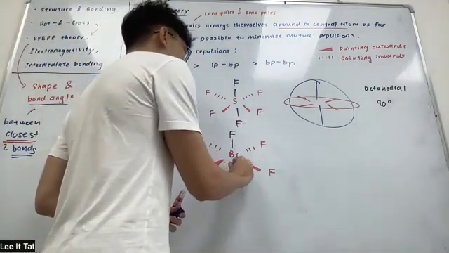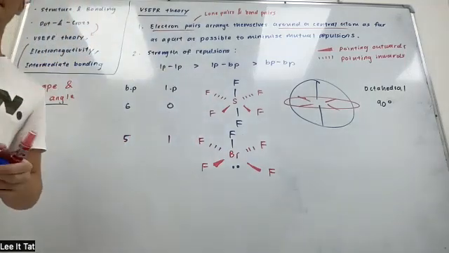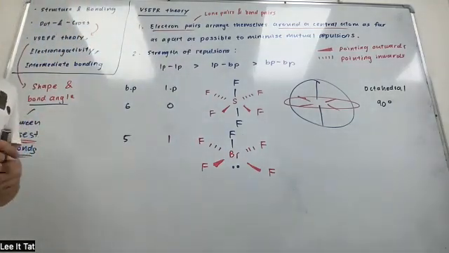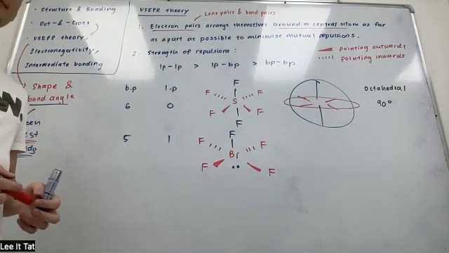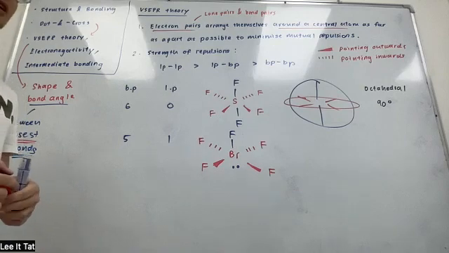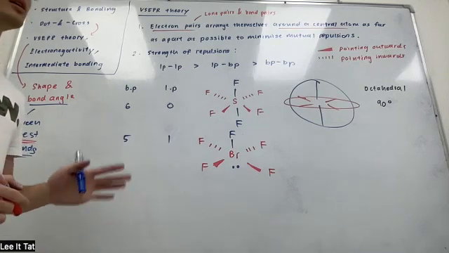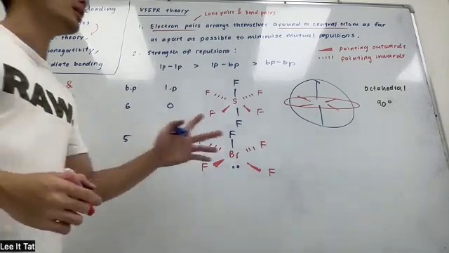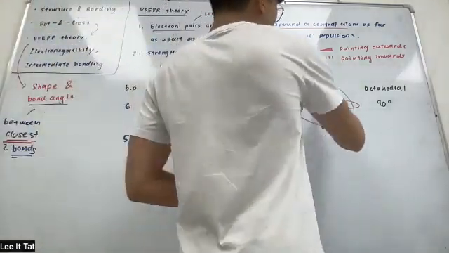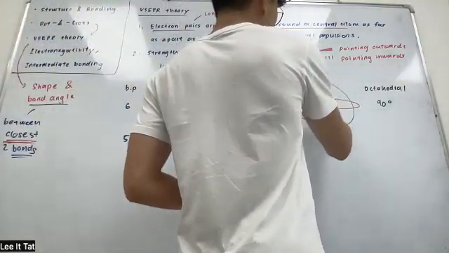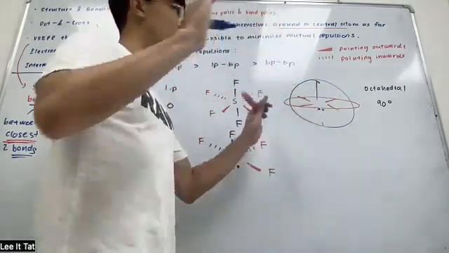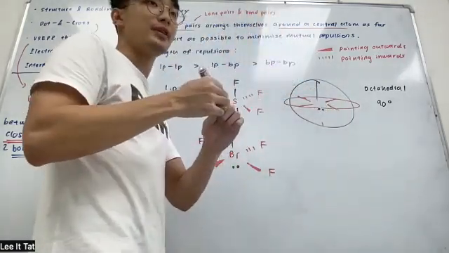The South Pole has been replaced with a lone pair. Guys, what's the bond angle? Okay, it's still 90. It's the furthest they can go from each other. Because even if you replace the South Pole with a lone pair, you can't repel this out of the plane. So it's not affected.